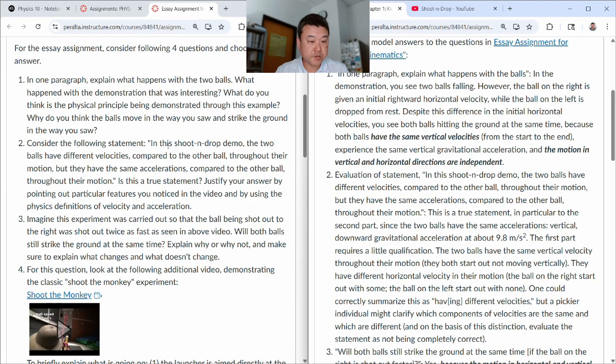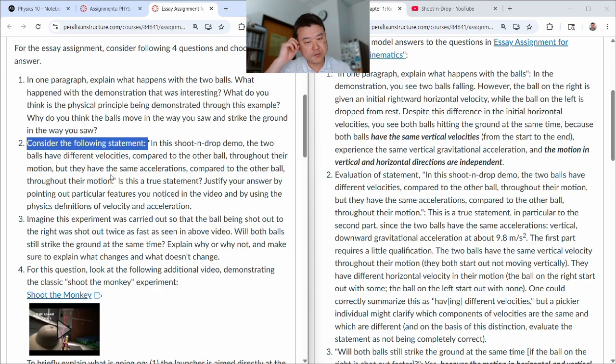Okay, let's look at question 2. Consider the following statement. In this shoot and drop demo, the 2 balls have different velocities compared to the other ball throughout their motion, but they have the same accelerations compared to the other ball throughout their motion.